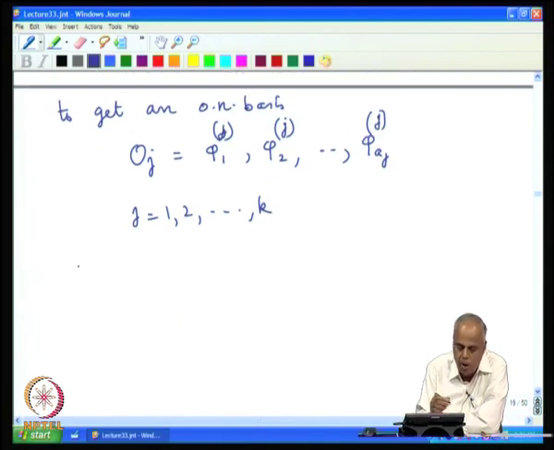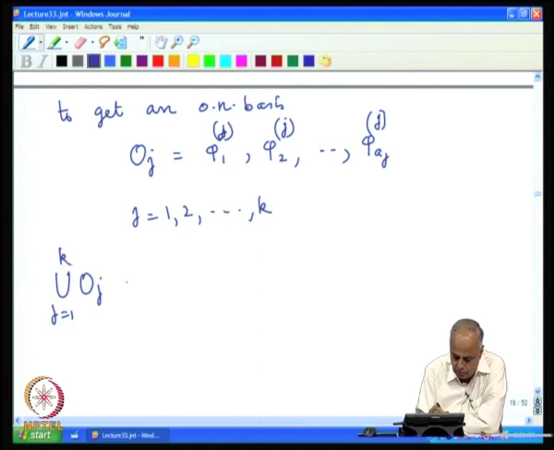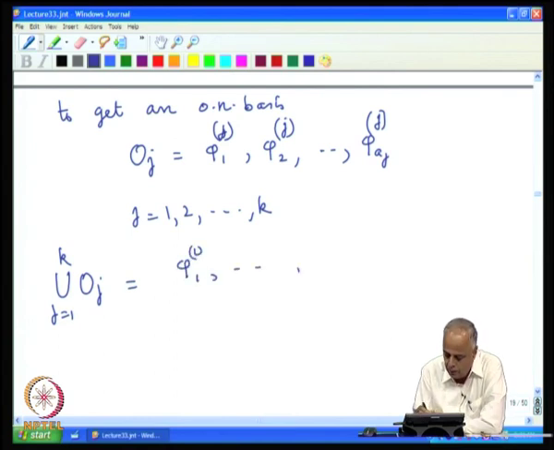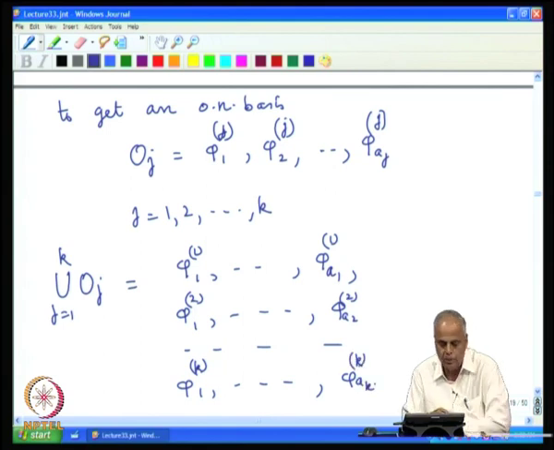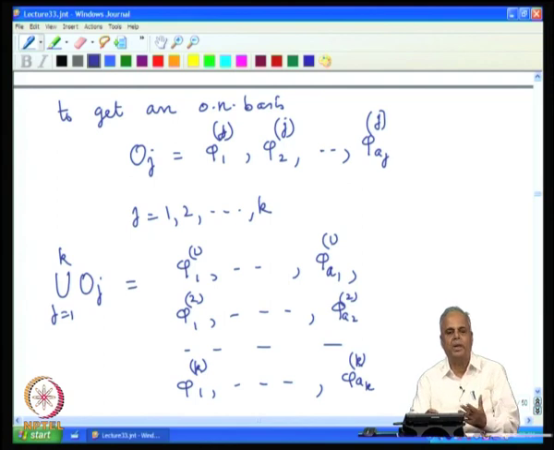Now, if you put all these Oj's together, we have the union of these Oj's. Let us write this down first: phi 1 1, and so on, will be the ones that correspond to the first eigenvalue. Then I will get those corresponding to the second eigenvalue, and so on, and finally, those corresponding to the kth eigenvalue. So, this will consist of A1 plus A2 plus up to Ak, which is n.